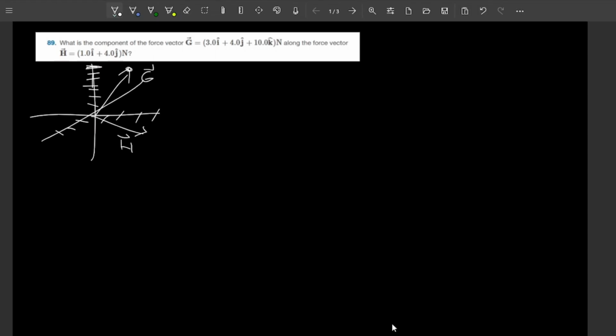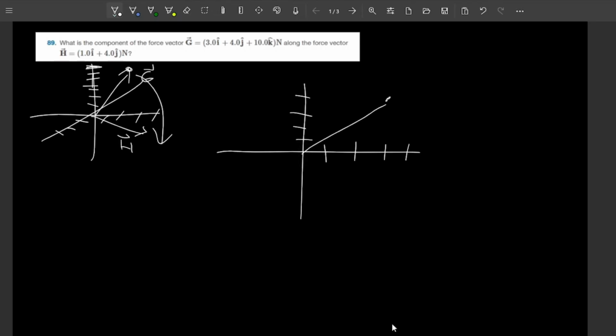Now, we're looking for the component of G along H, so it's best to consider this in just 2 dimensions. If we redraw our vectors in just 2 dimensions, G is approximately here.